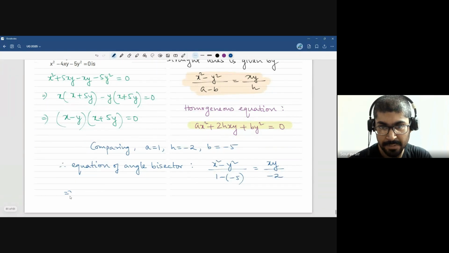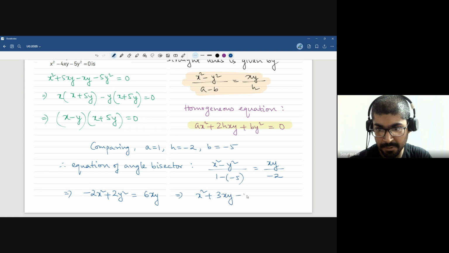So that gives you minus 2x square plus 2y square is equal to 6xy. So that means you can cancel, you'll get x square plus 3xy minus y square is equal to 0.